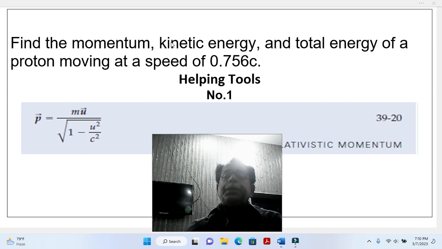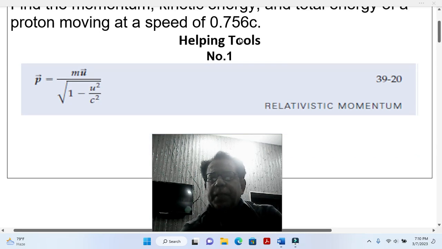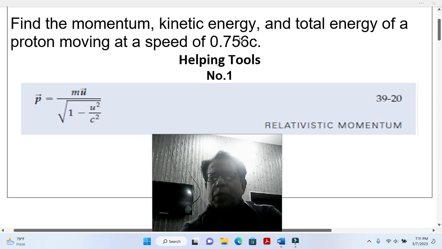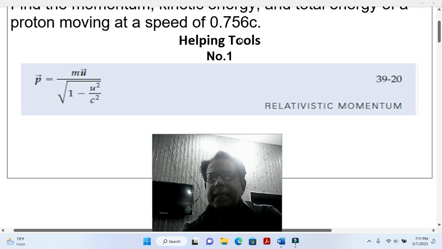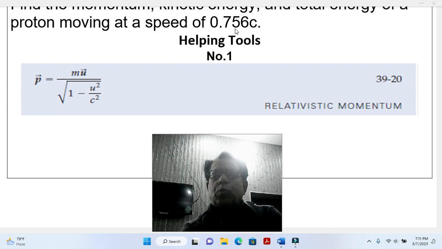So as usual, first we will come towards helping tools, because before proper alignment and calibration, the toolkit is necessary to be fully compatible. Helping tools. Tool number one, relativistic momentum.